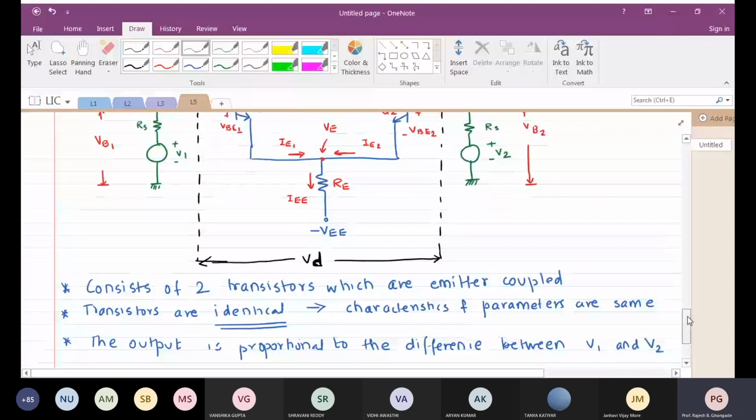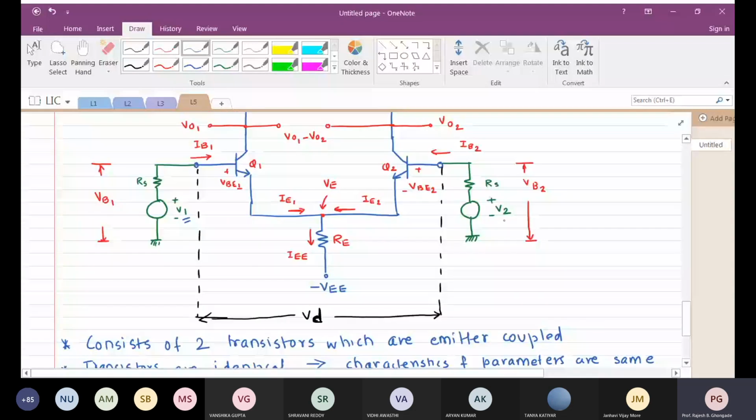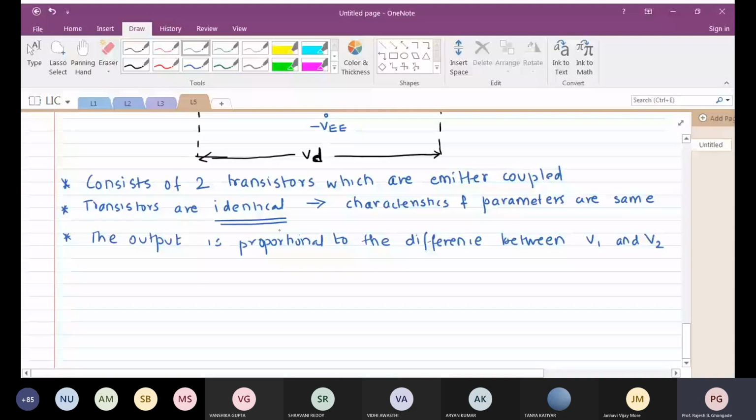Where is V1? This is V1. This is V2. So the basic operation says that the output is proportional to the difference between V1 and V2. And that is where it gets the name differential amplifier.